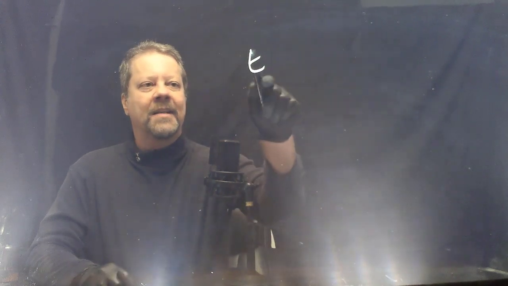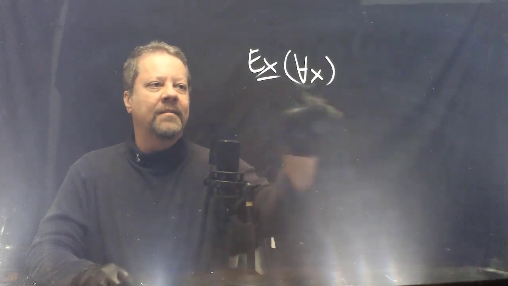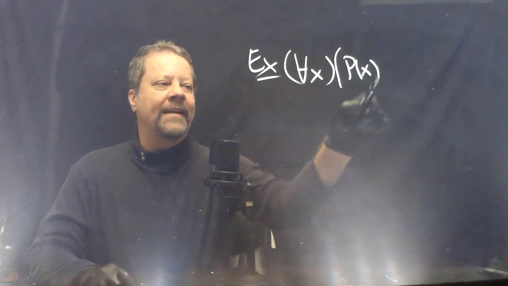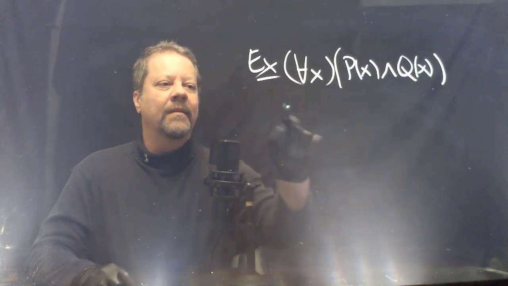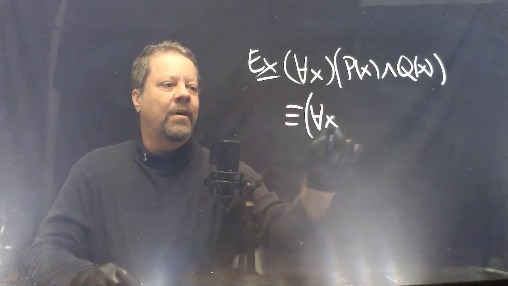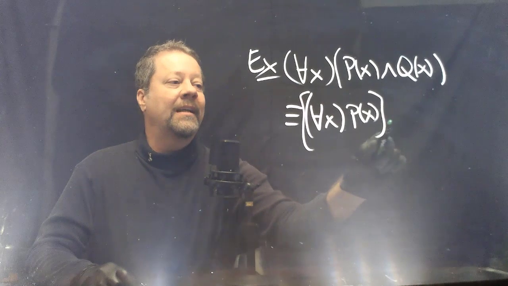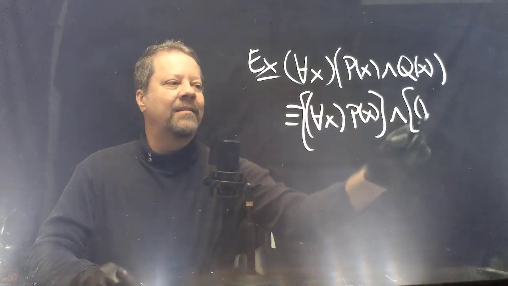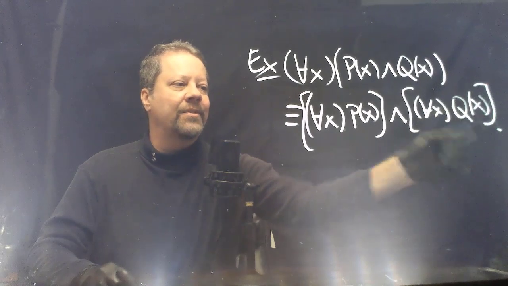Let me give you an example. Suppose I have for all x, P of x and Q of x are true. That will be equivalent to saying for all x, P of x is true, and for all x, Q of x is true.